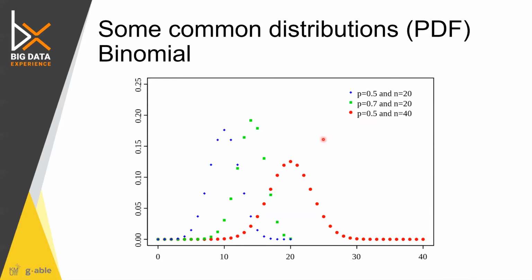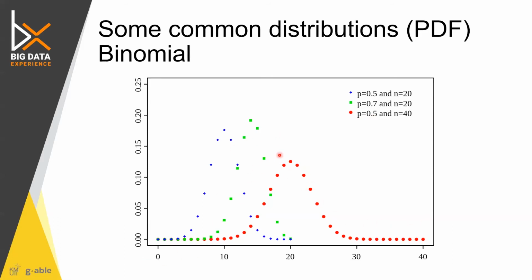It means that if you try, for example, with p equals 0.5, n equals 40, a lot of times, doing this 40-run trial 100 times, you have a histogram that looks like this.